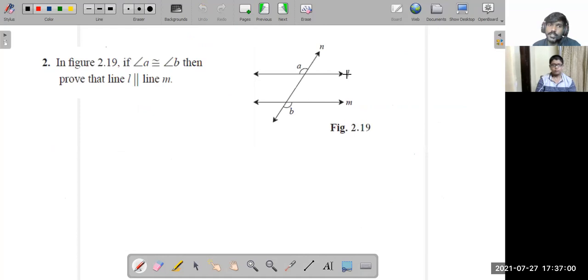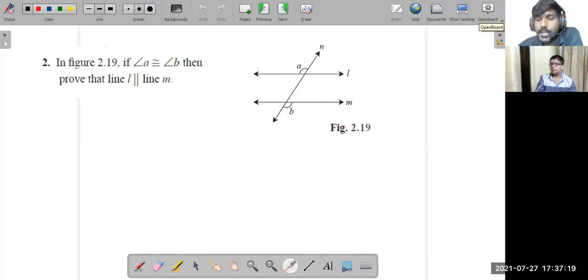In this sum, it is said that angle A is congruent to angle B. These two angles are congruent to each other. Prove that line L and line M are parallel. So here we will use the alternate interior angle test.